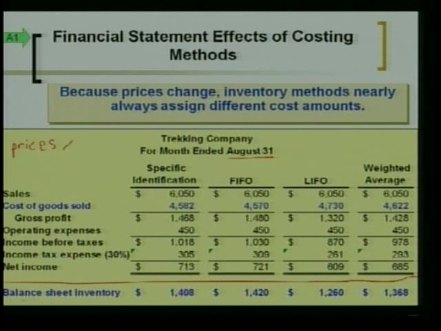So prices have risen, okay? Now, that being said, keep this up on the screen, please, and tell me why one might choose different methods. If prices rise over time, which is generally the case, why might somebody choose the LIFO method?